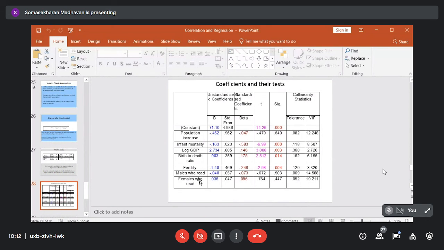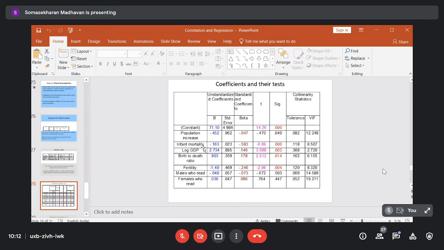And the last column is collinearity statistics. This is a statistic computed to check whether there is a multicollinearity problem. So tolerance is a measure, variance inflation factor is another measure. The interpretation is if VIF is more than 10, there is a problem of multicollinearity.